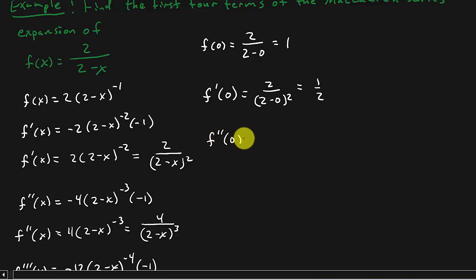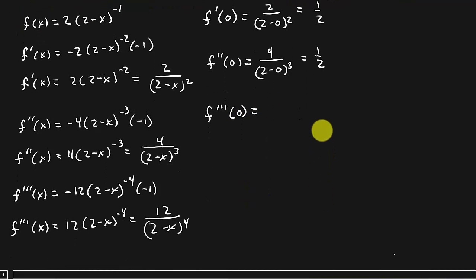F double prime of 0, I'll plug into this one, which is 4 over 2 minus 0 cubed, so that's 4 over 8, so I guess that's 1/2. And then f triple prime of 0, that's going to be 12 over 2 minus 0 to the 4th, so that's 12 over 16, which is 3/4, I believe.